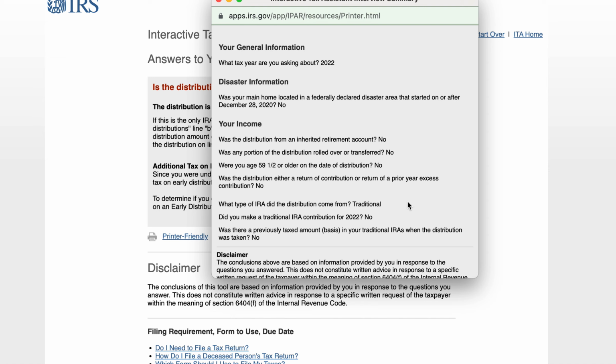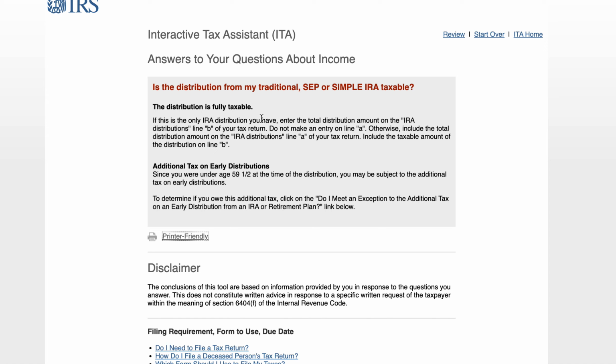Or this wasn't a traditional account, it was a SEP IRA. I need to restart this. And then once you get a summary where all of your questions were properly answered to your satisfaction, you would want to print that out and retain that with your tax records. So that should help you avoid audits.